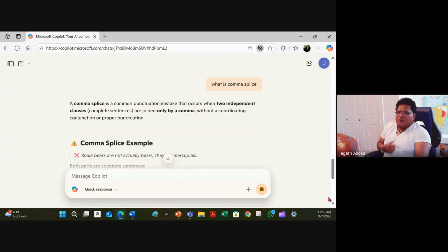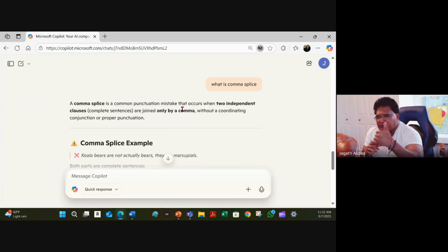See this one? A comma splice is a common punctuation mistake that occurs when two independent clauses are joined only by a comma. That means they drop the conjunction like for and. Look at it.